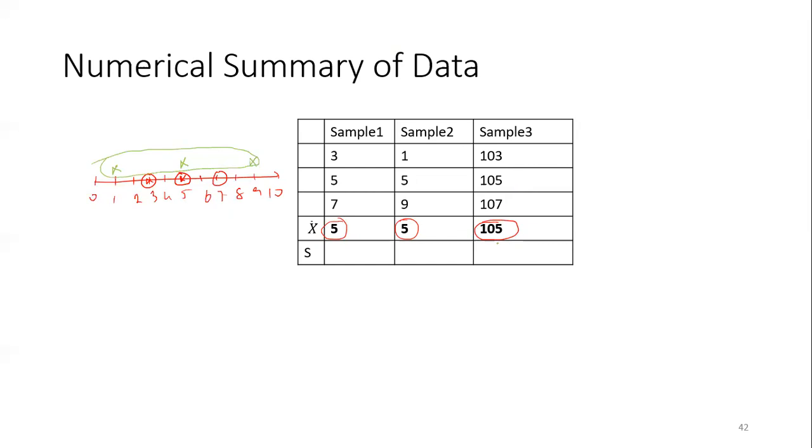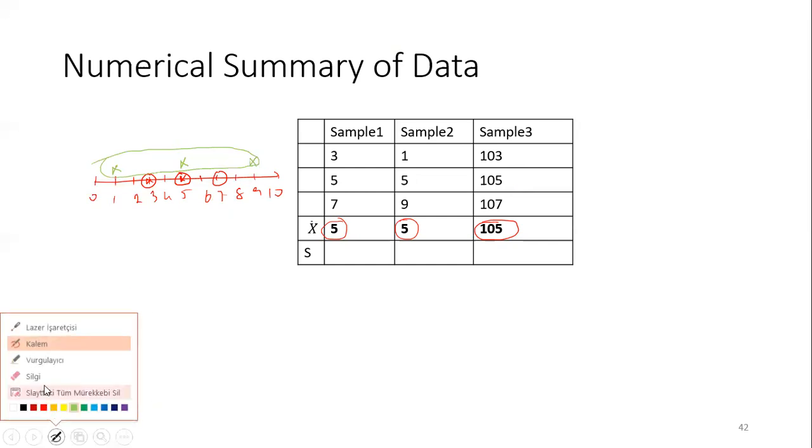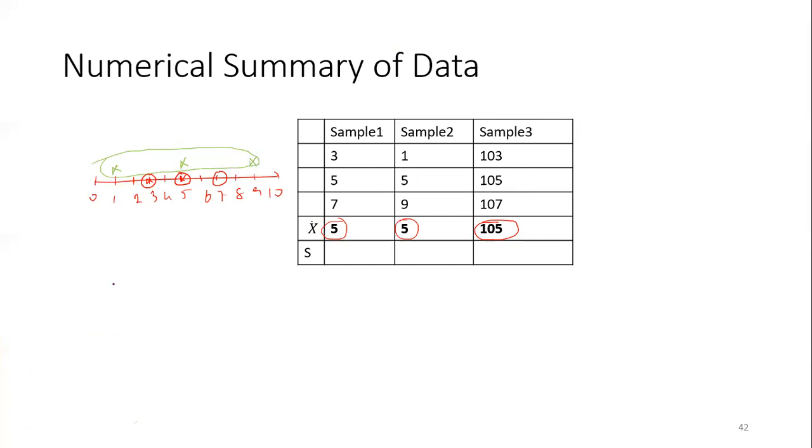At first you might think its dispersion is high, but if you write this as 103, 105, 107, with 104 and 106 in between, this is the first data, this is the second, this is the third. The dispersion of the third data is just the same as the first data.